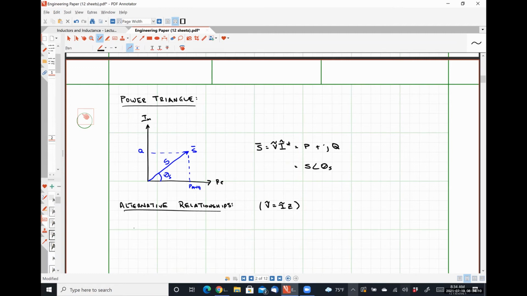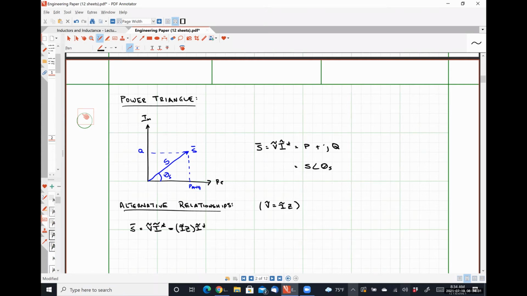So if our complex power S is V times I conjugate, we can substitute in I times Z times I conjugate.